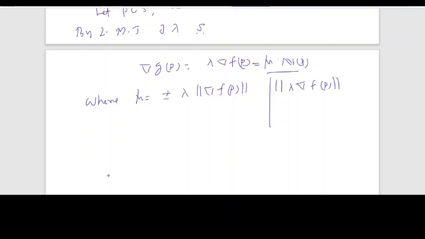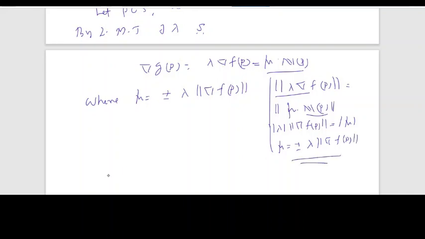It is the norm of mu N of P, so mod lambda into norm del F of P is equal to mod mu, since N is a unit vector. So mu equals plus or minus lambda into norm del F of P.